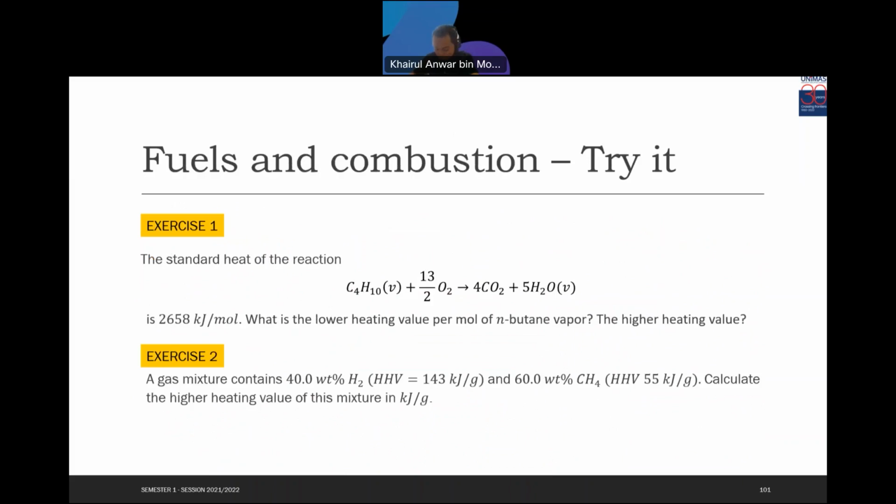So let's get 0.4 times 143 plus 0.6 times 55. HHV is equal to 90.2 kilojoule per gram.